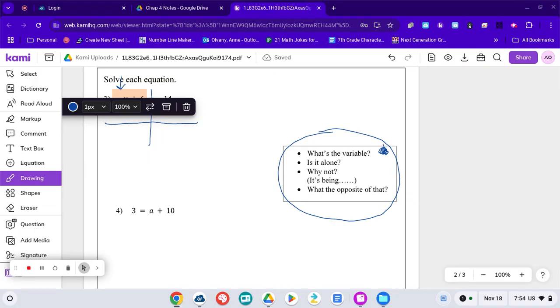All right, so the opposite of +6 is -6, and whatever you do to one side, you have to do to the other. That means that your +6 and your -6 make 0, so that goes away, and we bring down the y on the left side.